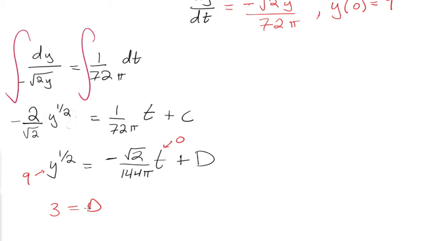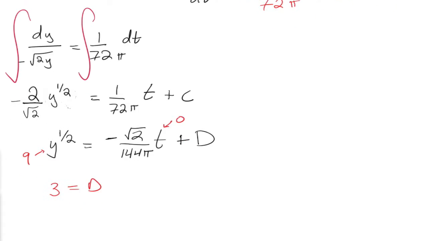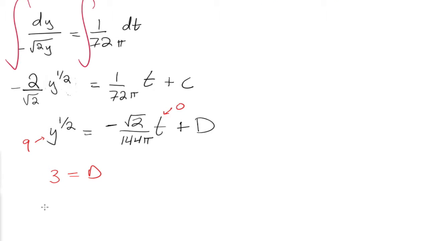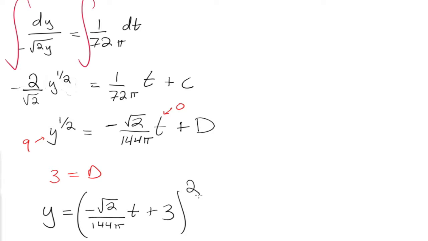So then I'm pretty much done, because y is equal to negative root 2 over 144 pi t plus 3, and the last thing I need to do is get rid of that 1/2, which I do by squaring the whole thing. And that's it.